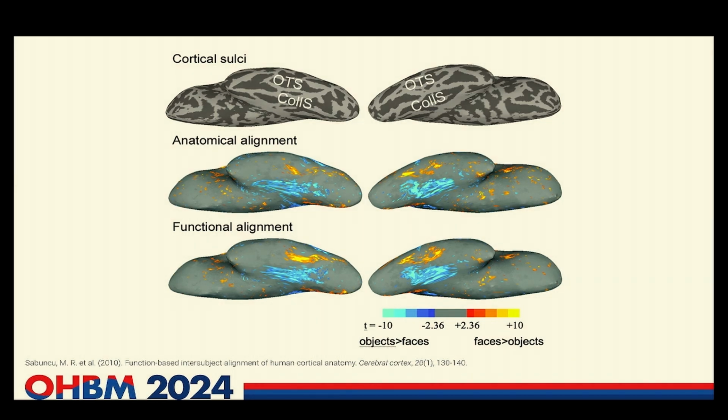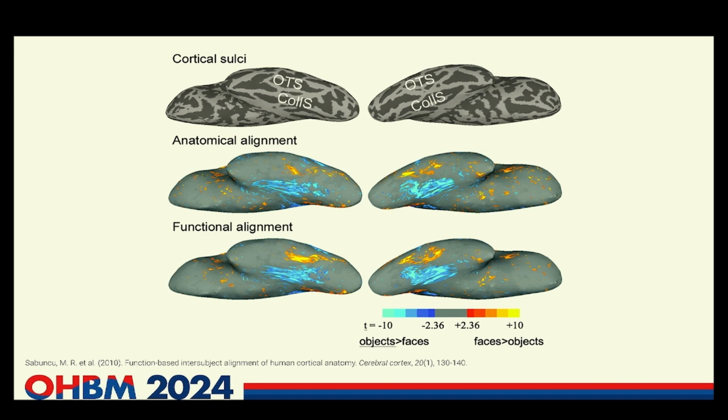And if they then drive the registration with the task contrast itself, this is what they get. And so hopefully you can appreciate that there's better overlap in the fusiform face area and the parahippocampal place area when we're driving registration with measures that more closely relate to what we're interested in.